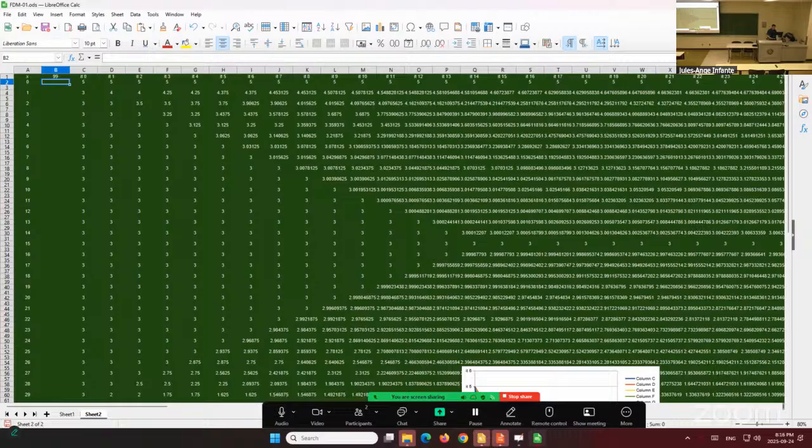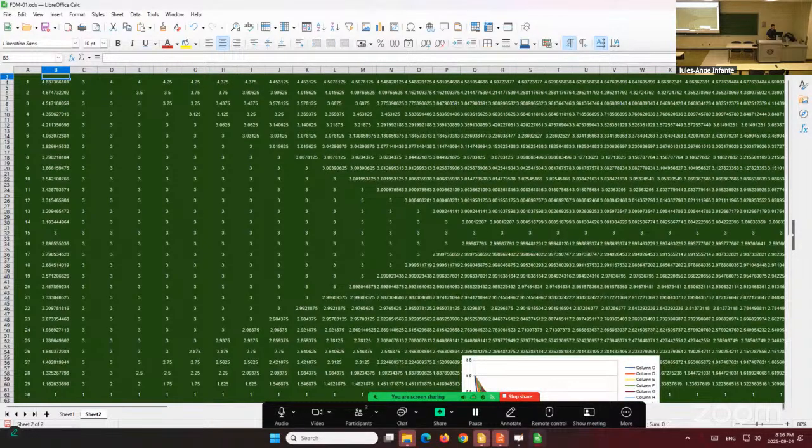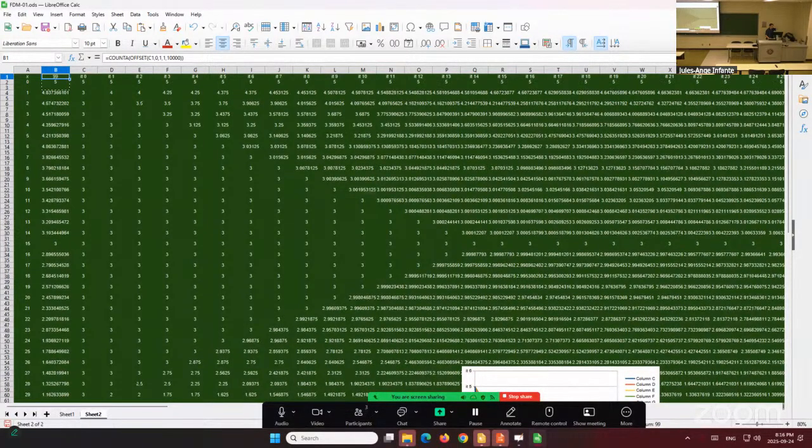So for this one we have an offset of this cell, no offset row-wise, and an offset column-wise of one item. So that's the last iteration.